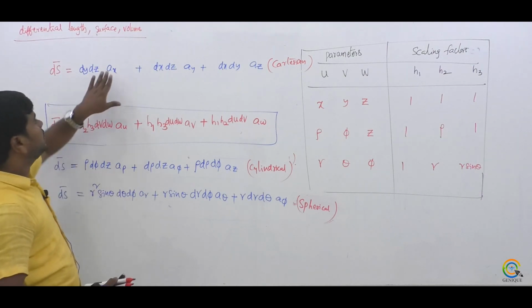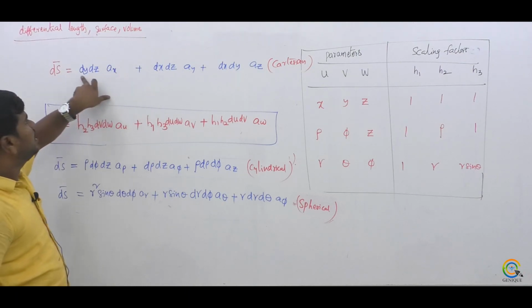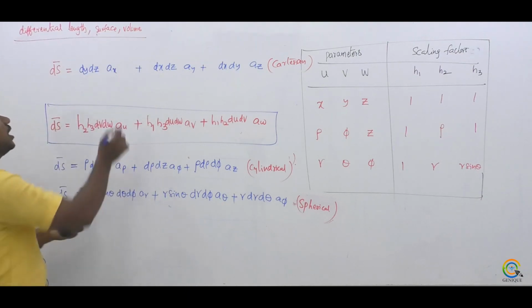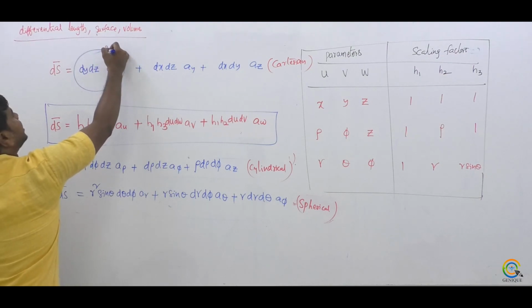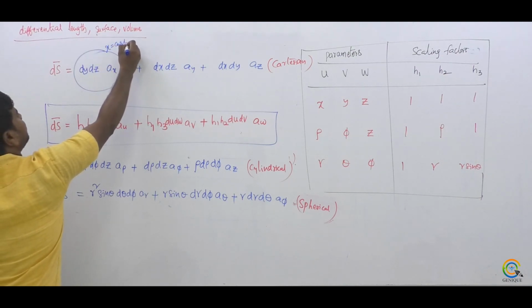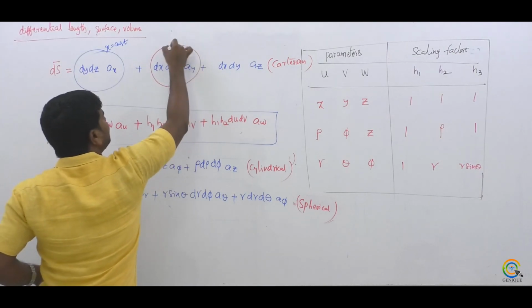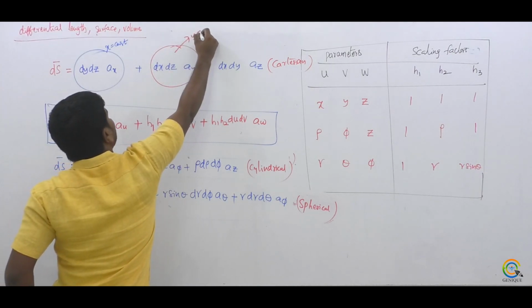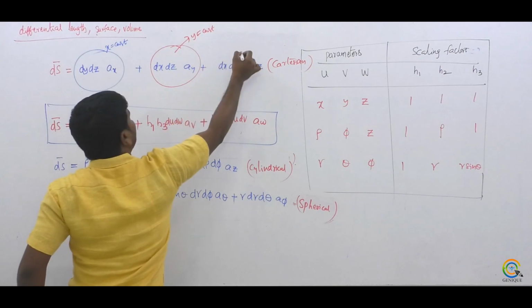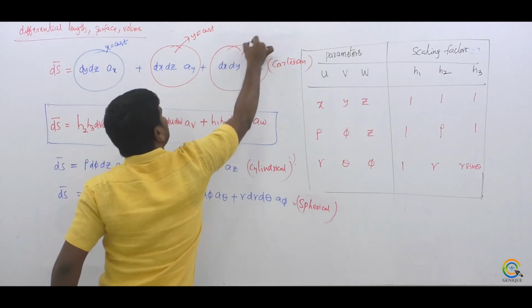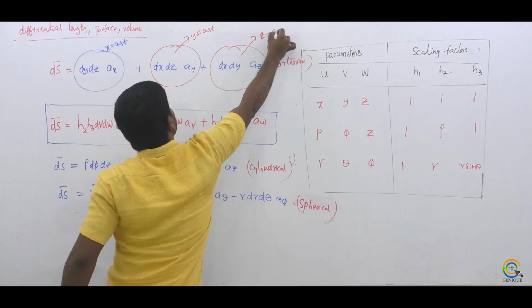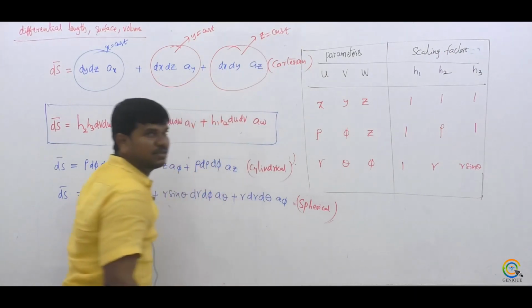Observe clearly. In Cartesian, this differential surface area is used for the x constant surface, this for the y constant surface, and this for the z constant surface. You have to note this.